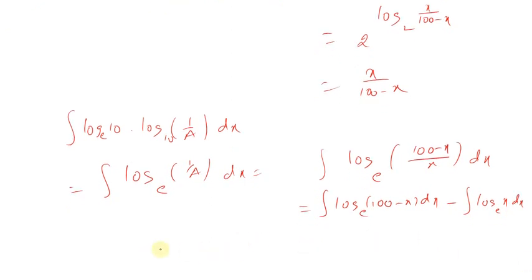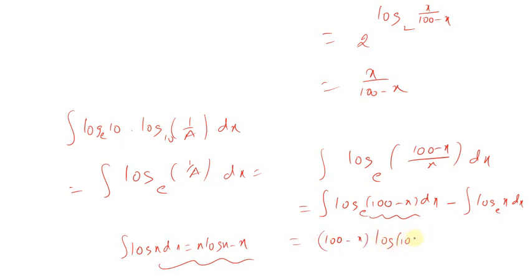Since we have integration of log x is equals to x log x minus x, let me use that. X is nothing but here 100 minus x, 100 minus x into log of 100 minus x, minus x is nothing but 100 minus x, whole by minus 1. Why? Because here the x coefficient is minus 1, don't forget that.